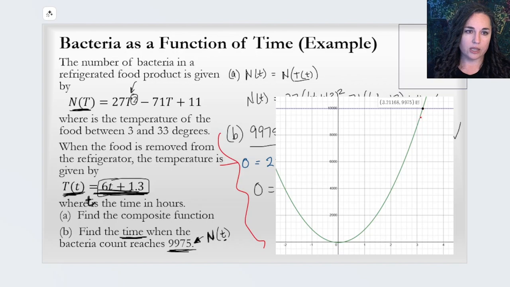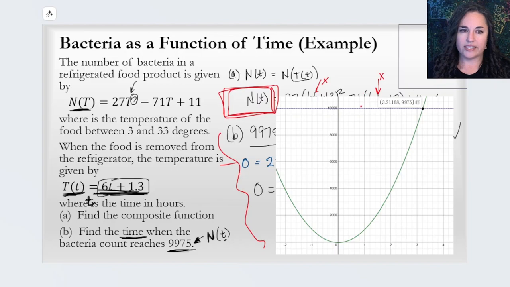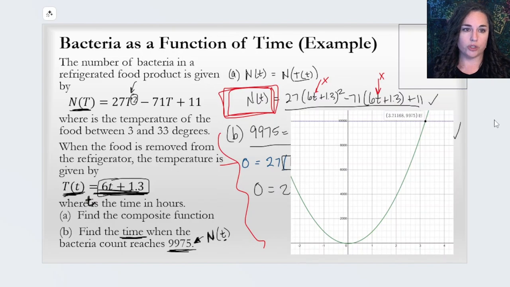I plugged in the original function. I put an x here instead of t, and an x here instead of t. I know you can't see it behind the graph here, but that's what I did: I plugged that original function into Desmos. I didn't make it any harder than that.